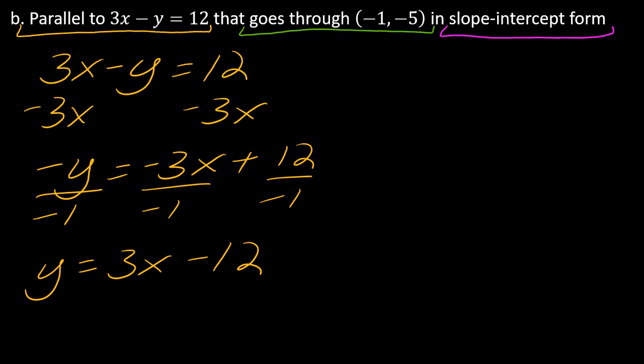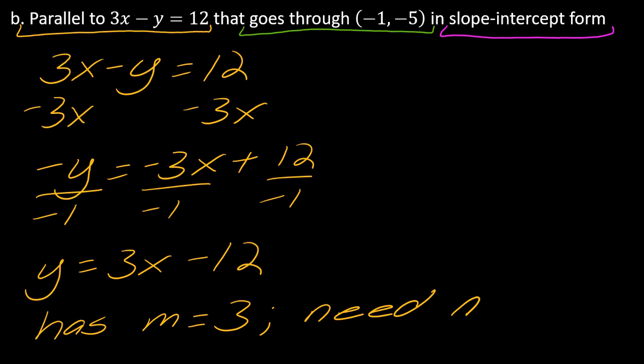Okay, so now I need to figure out what slope I actually need. So notice that the slope that this line has is 3, but I need one that's parallel. So the slope that I need is also 3. For two parallel slopes, they have to be the same thing. Okay, so I've got the slope that I need, so let me clear some space.